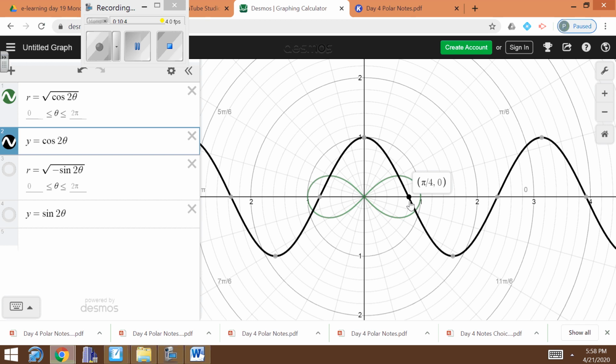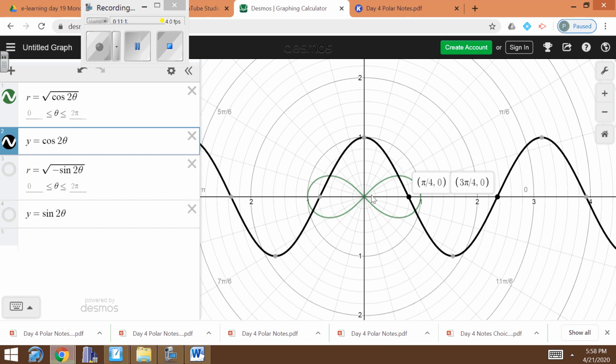From pi over 4 to 3 pi over 4, all of those values right here are negative. So if r is negative, but in our original equation r squared can never be negative, what happens is that the graph takes a little bit of a break.